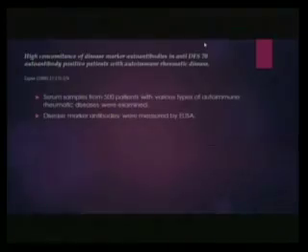So the next study that came out looked at how prevalent this antibody is in specific autoimmune diseases. High concomitance of this disease marker antibody was looked at in different subgroups of autoimmune rheumatic diseases. Serum samples of 500 patients were measured by ELISA.